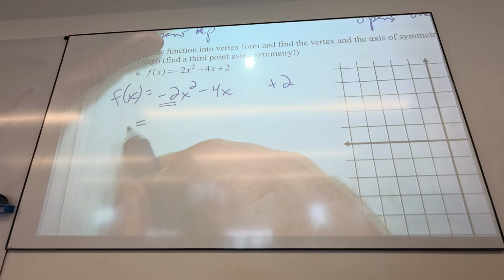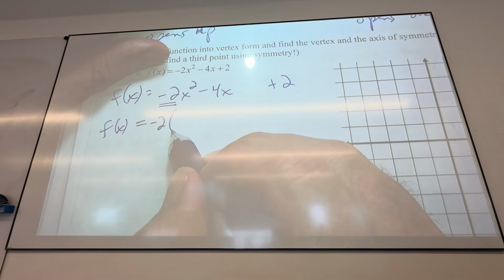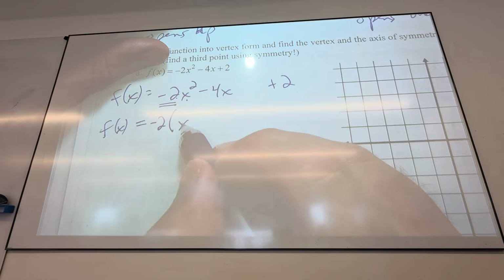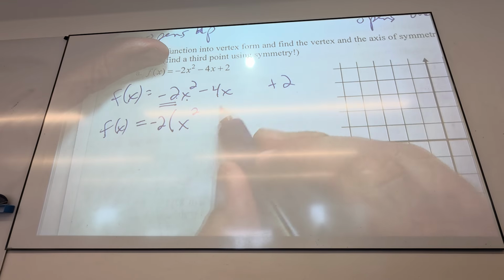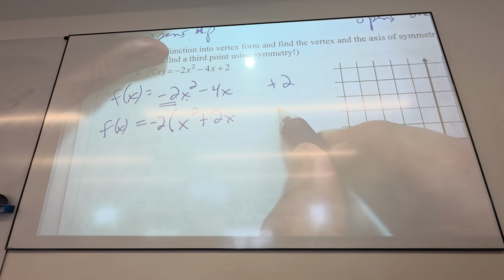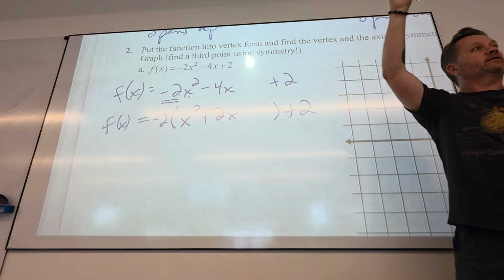So what do you have to do? Take a negative 2 out. And then what are you left with? Negative 4 divided by negative 2 is positive 2x. And now I can focus on completing the square for the stuff on the inside, yes?